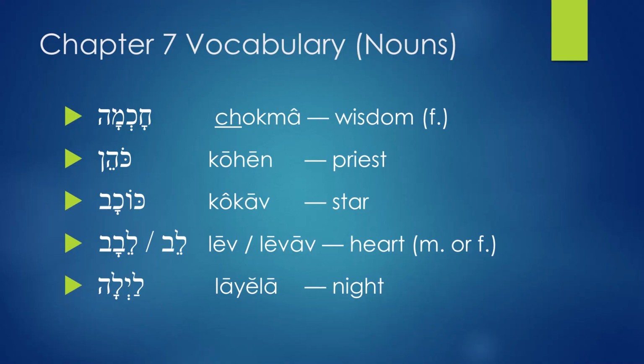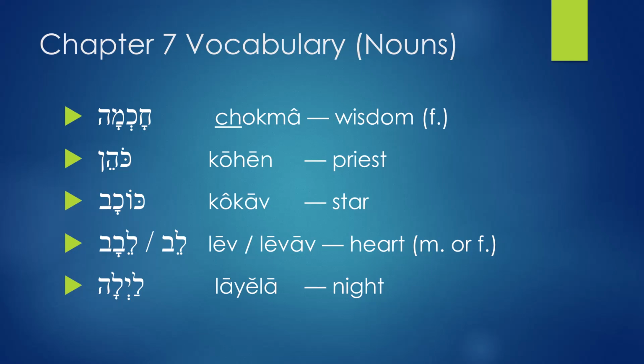Second word is kohen. Kohen means priest. Next word is kochav. Kochav means star. Next is the word lev. Now there are two forms here. It's lev or levav.